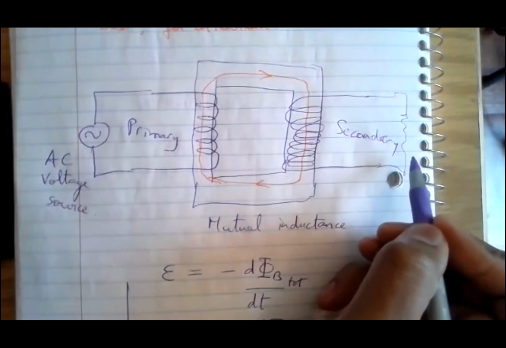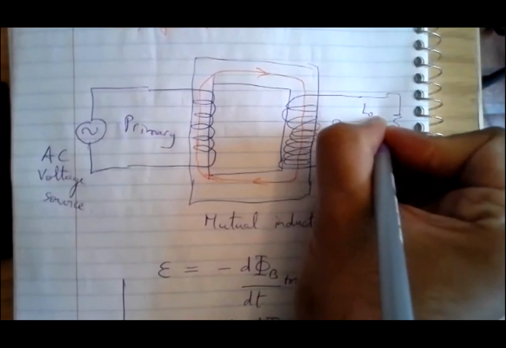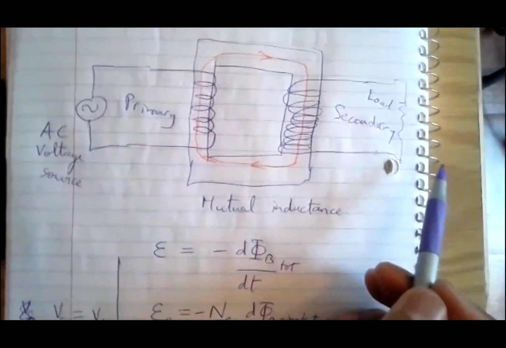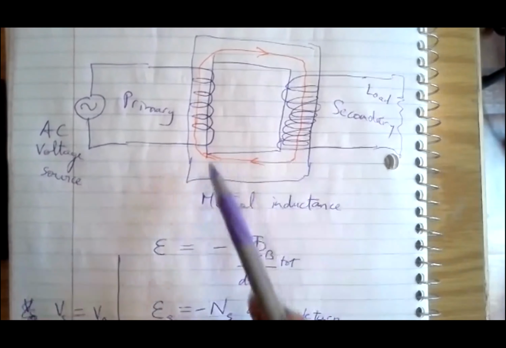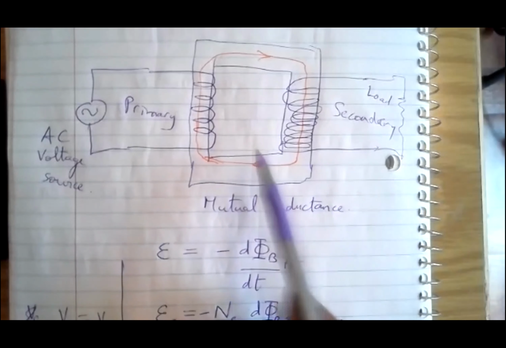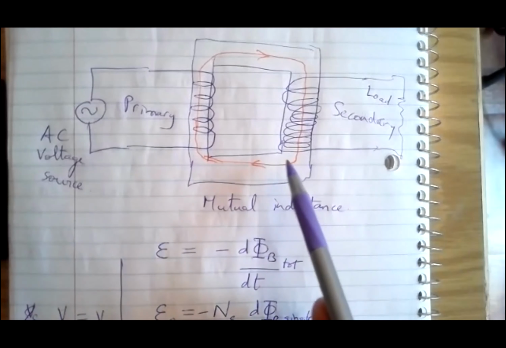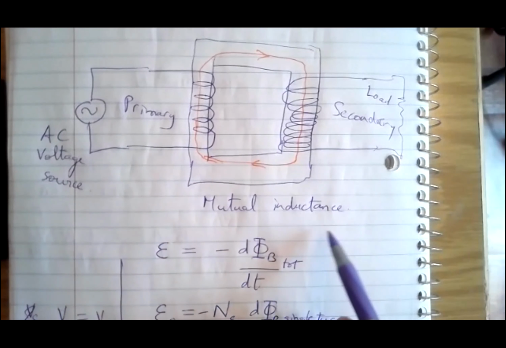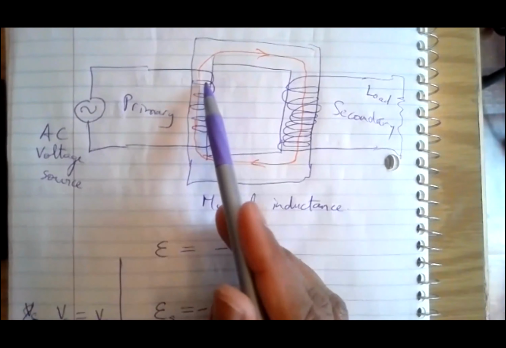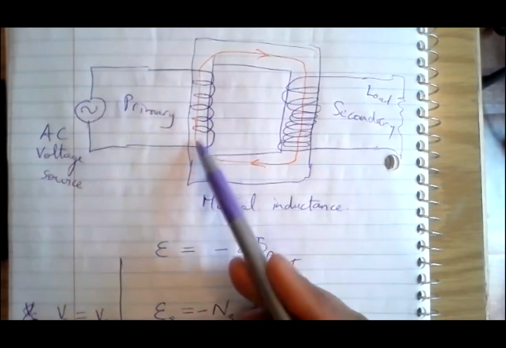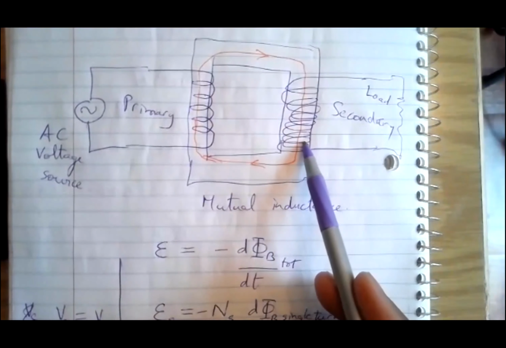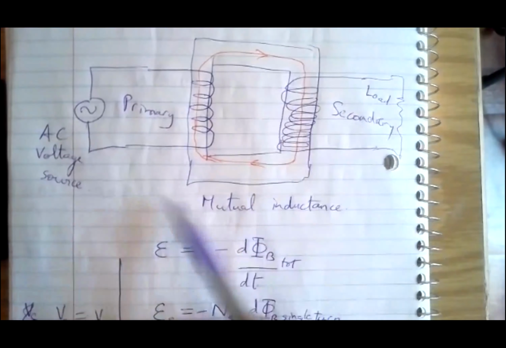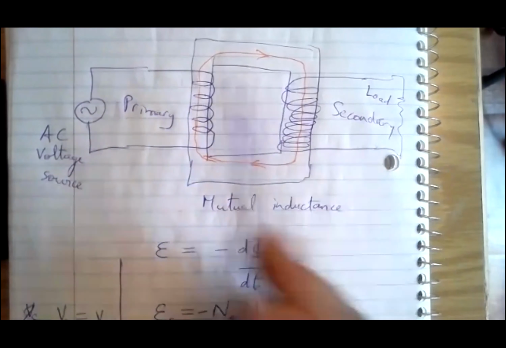And here we have some resistor, which we call the load. This kind of arrangement, where we have two physically separate coils that are interacting with each other because of changing flux, is called mutual inductance. Mutual because this has current running through it, which creates a magnetic field, which creates a changing flux seen by this. But once this has a current running through it, that influences back the primary coil again. So they both influence each other.